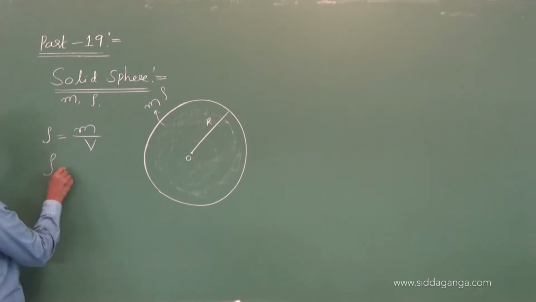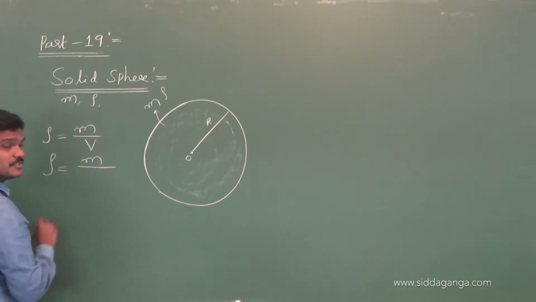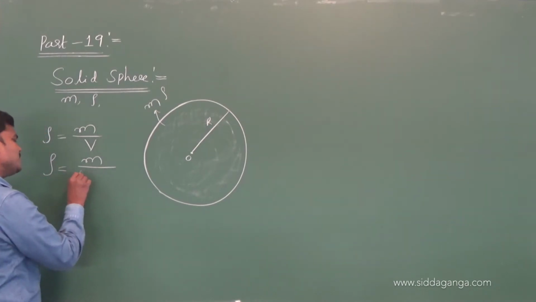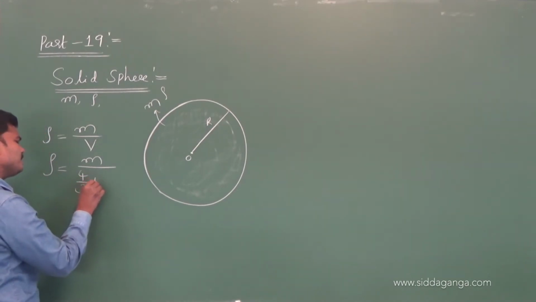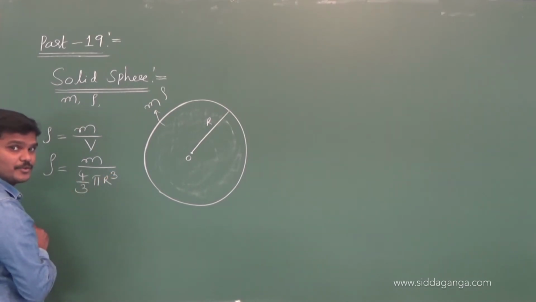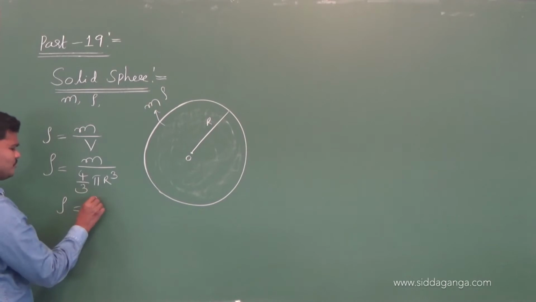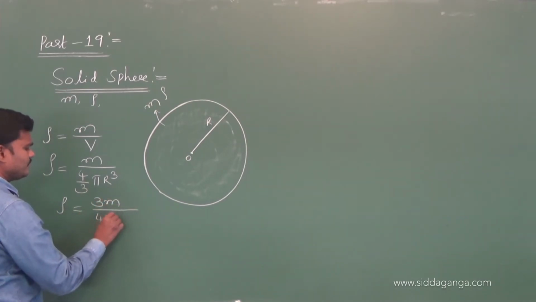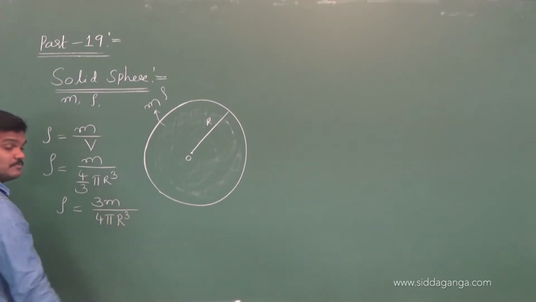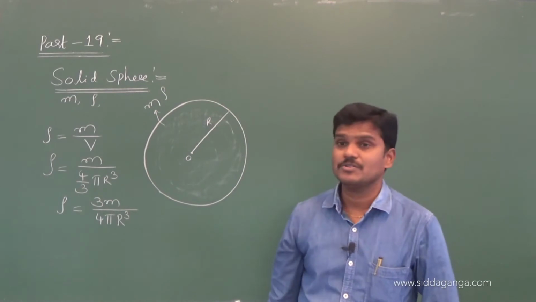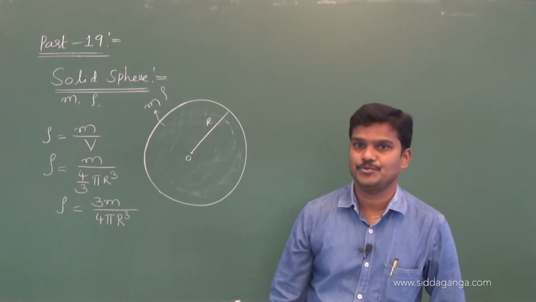So rho is equal to mass by the volume of the solid sphere. Volume of the solid sphere is 4 by 3 pi r cube. So rho is equal to 3m by 4 pi r cube.